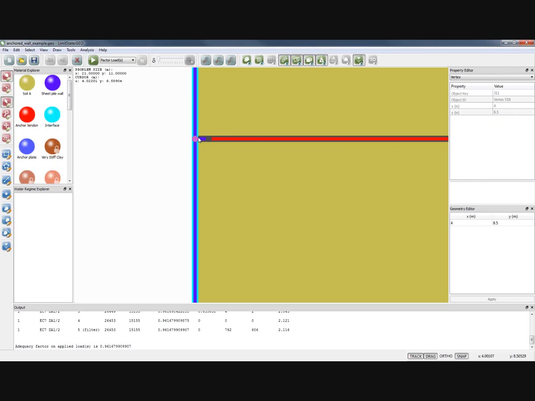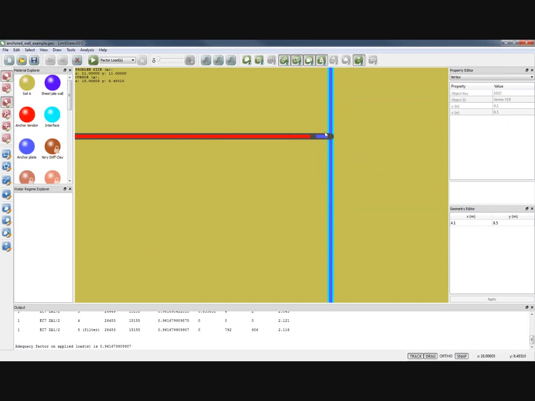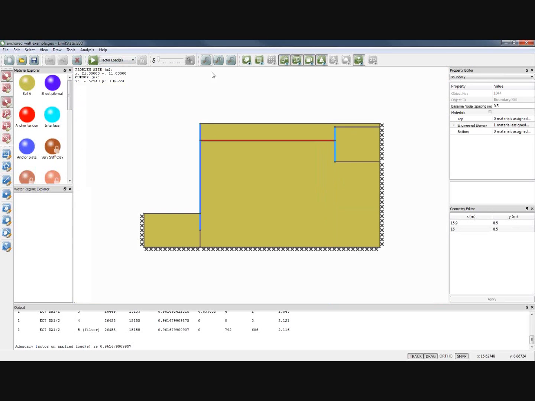So what you have to do is just put in a short linking piece made of the same material as the wall, and that then takes a joint just behind the wall, so the wall can stay fully integral along its depth without any reduction of strength, and it's only at this point that the bending strength of the material reduces to 0. And the same again over here where we joined the anchor, we've got a short linking piece. So that's just one little tip on how looking at that.